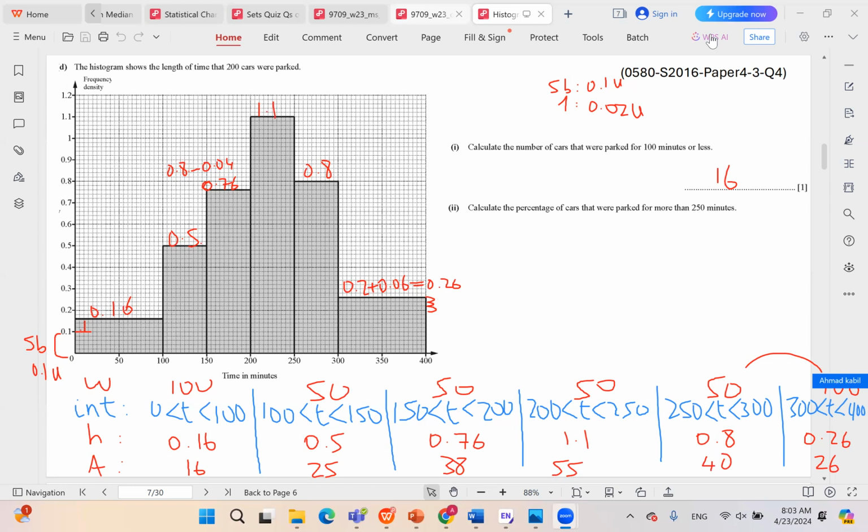So their number is 40 plus 26 divided by the total, which is basically the summation of all the values in the area row. So 16 plus 25 plus 38 plus 55 plus 40 plus 26. And after calculating all of this, we multiply, of course, by 100 to get it as a percentage.